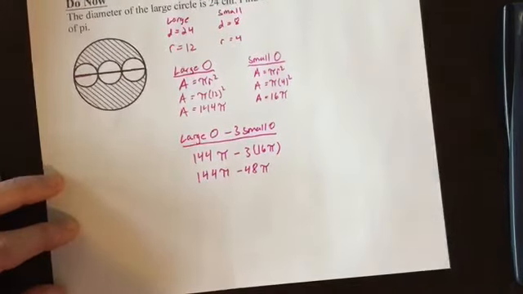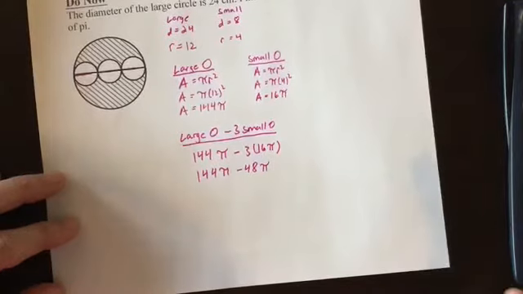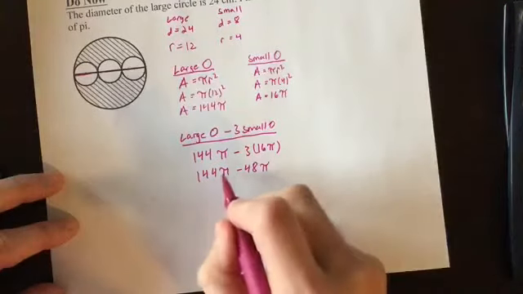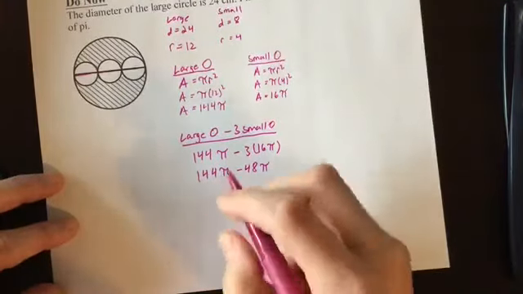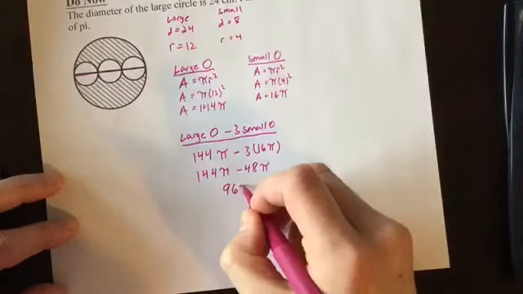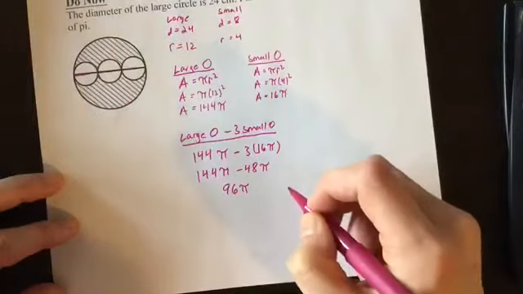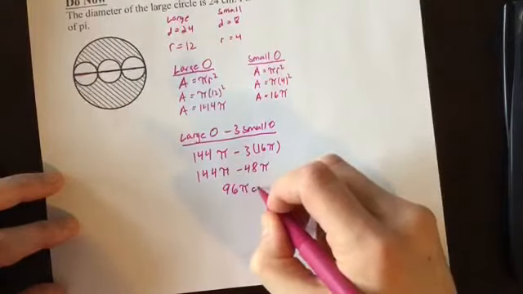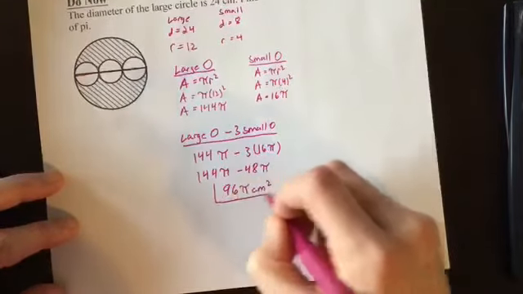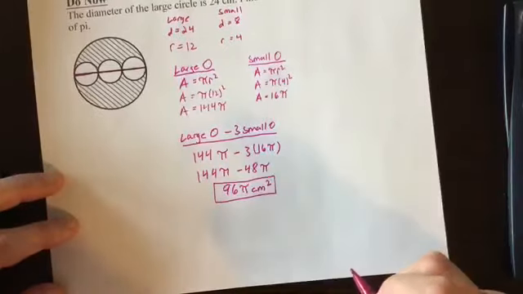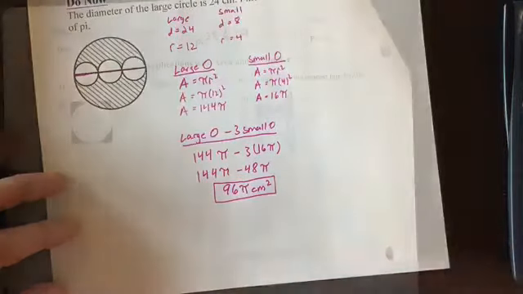And then we're going to subtract. So 144 pi minus 48 pi. We can do that subtraction because they're like terms. They're both in terms of pi. That is going to give us 96 pi. And we're leaving it in terms of pi. So we just need units: centimeters squared. 96 pi centimeters squared.